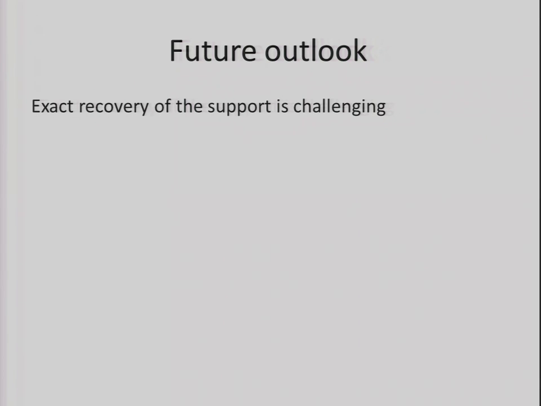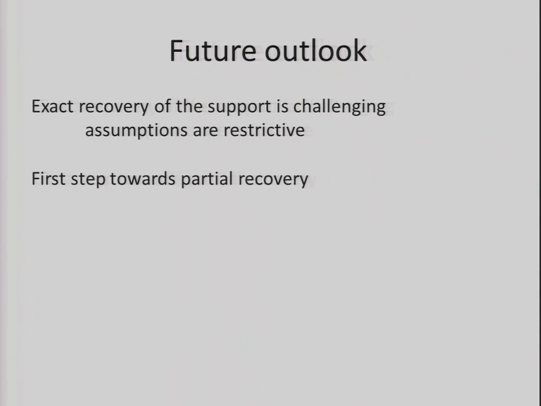So maybe a more feasible goal is partial recovery. Can we have maybe a loss in terms of Hamming distance or false discovery rate? That's something that is of interest later on.